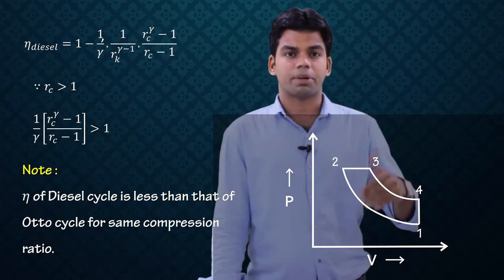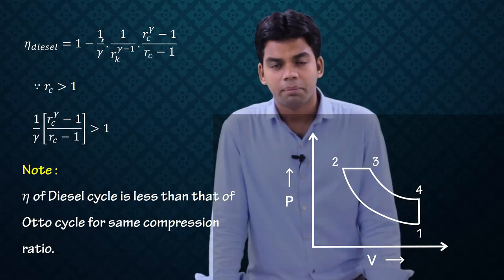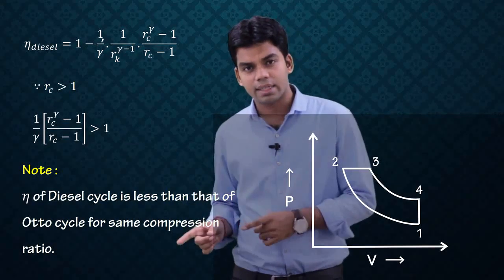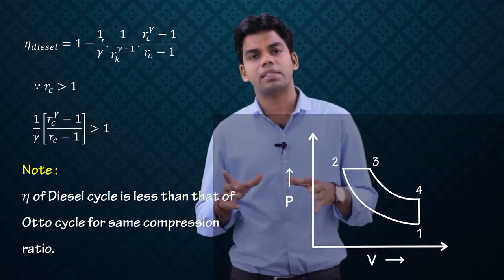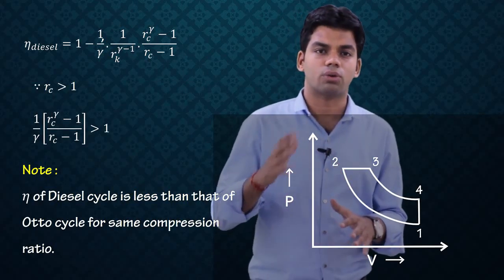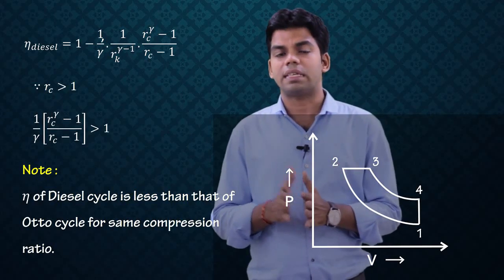That was because the compression ratio we were taking was more. But here if I consider the same compression ratio, if RK is the same for both the cycles, then obviously the efficiency of diesel cycle is less as compared to that of the Otto cycle.